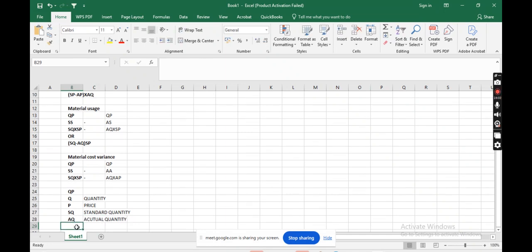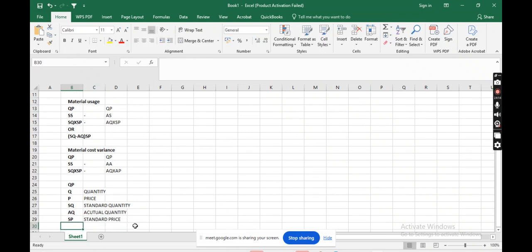SP is standard price, AP is actual price.